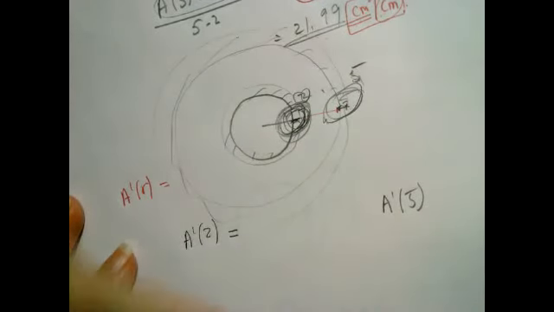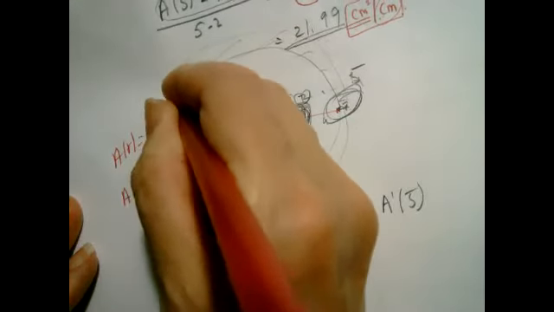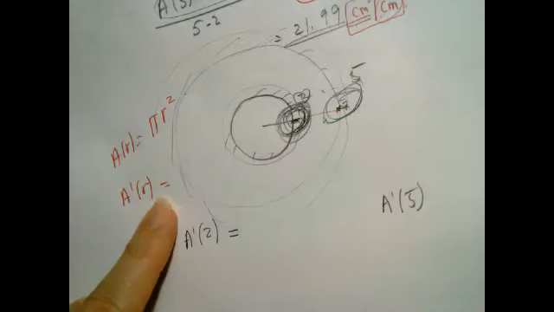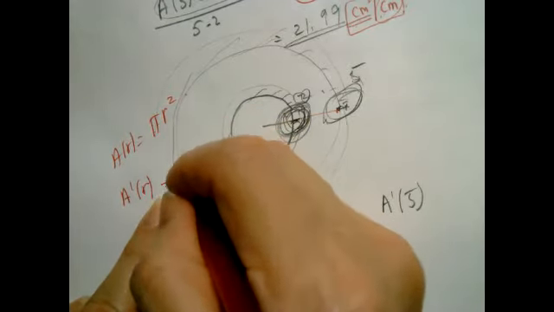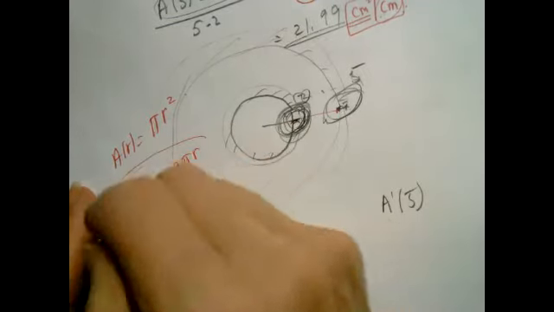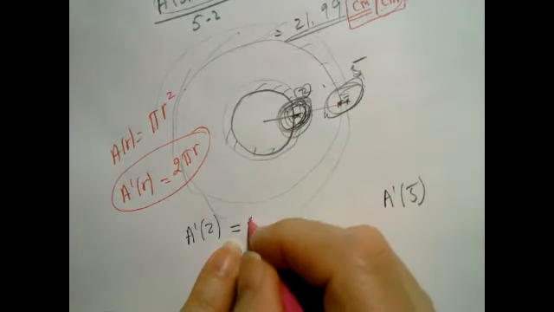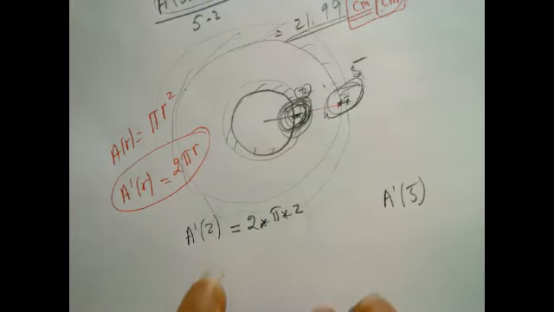Now the area is pi times r squared. R is, in this case, my variable. And the derivative is pi times 2r. It means that's the derivative. So at 2, the derivative is 2 times pi times 2.